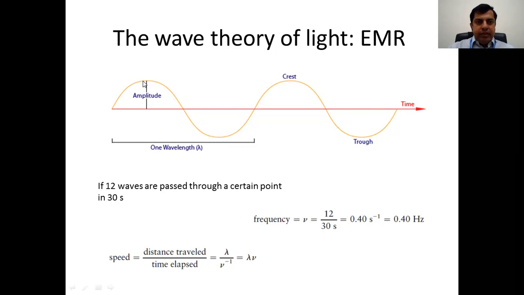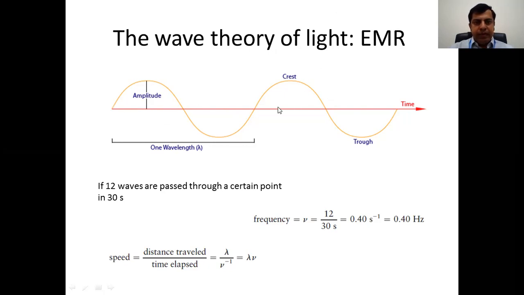Let's suppose this is the wave passing through this point, and this is the amplitude of the wave. These are called the nodes, where the energy of the wave is zero at a specific axis.